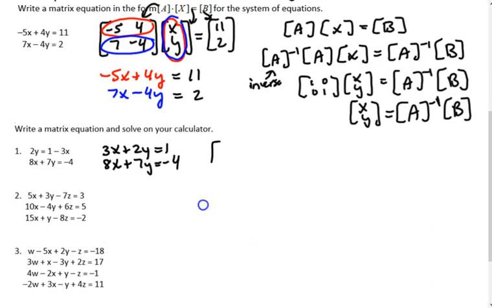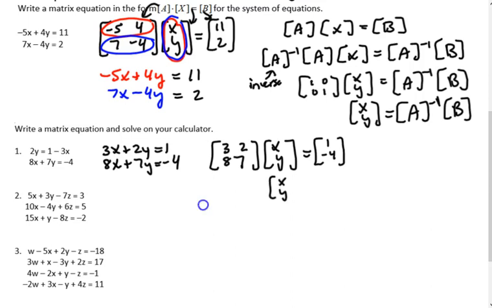And now I can set up my matrix equation. 3, 2, 8, 7, xy equals 1, -4. Now to solve that, xy is equal to the inverse matrix of 3, 2, 8, 7 times the matrix 1, -4.